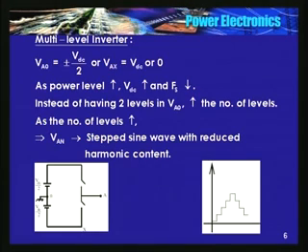If I close this switch, this point gets connected here, so VAX is VDC itself, or if I close this switch, this point gets connected to this point, so VAX is 0.